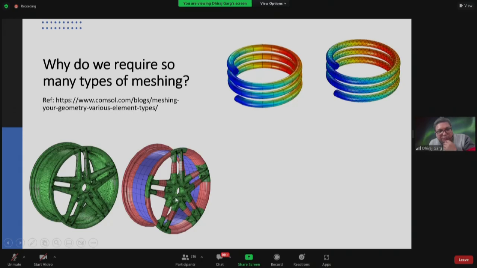We can further reduce the meshing by exploiting the symmetry. So you can see it is symmetric in this direction. So if the force or the thing we are looking at is uniform throughout and does not affect the direction, then we can take 1/5 of this and apply a symmetry boundary condition on both sides.